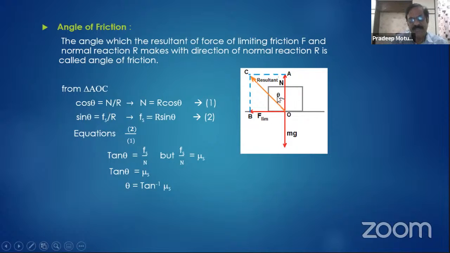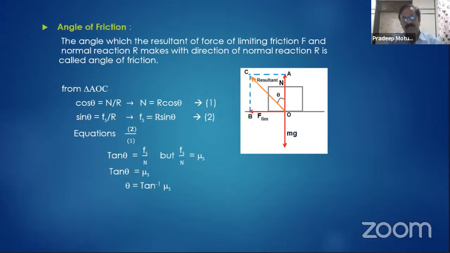That means angle of friction is directly proportional to the friction. So that is why you consider the angle between the normal force and the resultant vector. This represents only the concept of the angle of friction, but it is not useful to calculate the angle of friction.